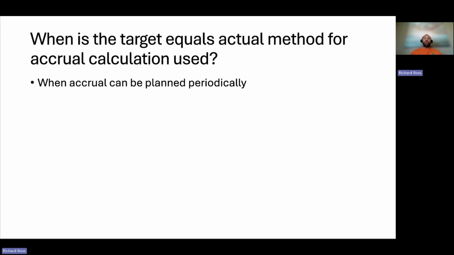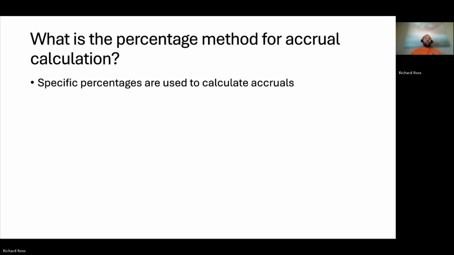When is the target equals actual method for accrual calculation used? When accrual can be planned periodically. What is the percentage method for accrual calculation? Specific percentages are used to calculate accruals.